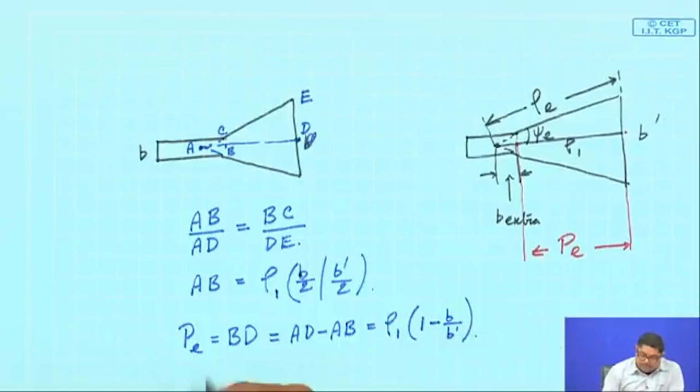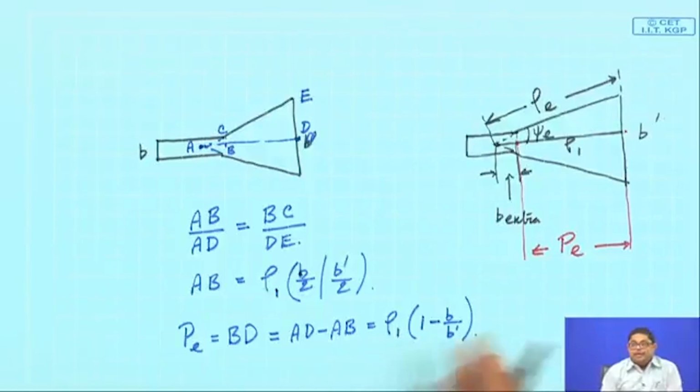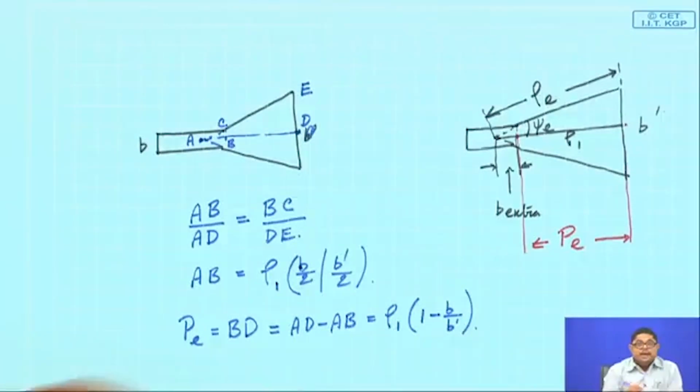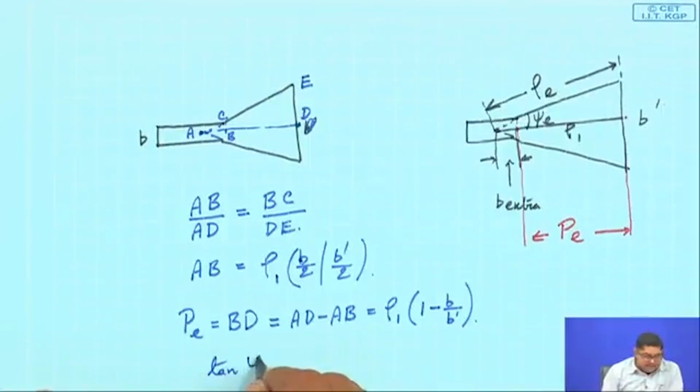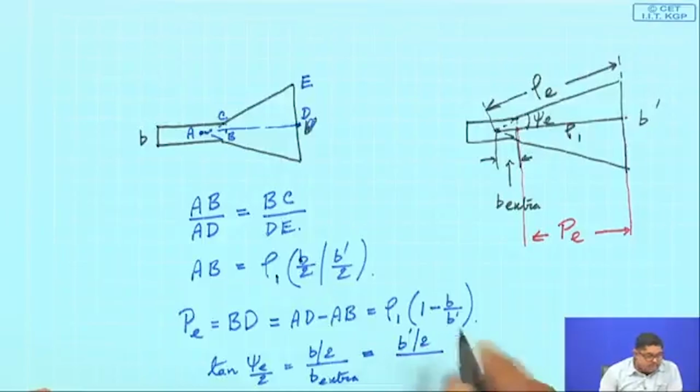Now, rho 1 is generally not given for any horn, so I will have to relate it with the flare angle. So, I can write tan psi E by 2 is equal to B by 2 by B extra, and that is nothing but B dashed by 2 by rho 1.